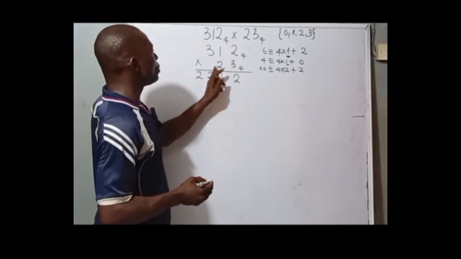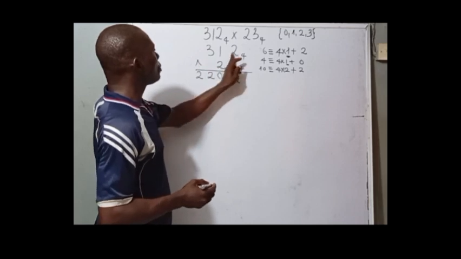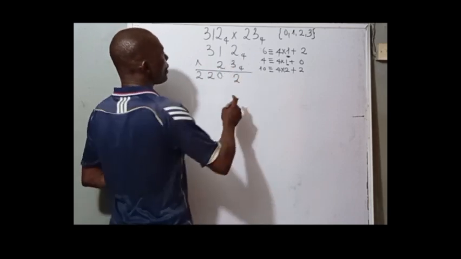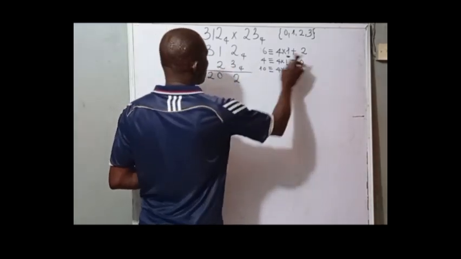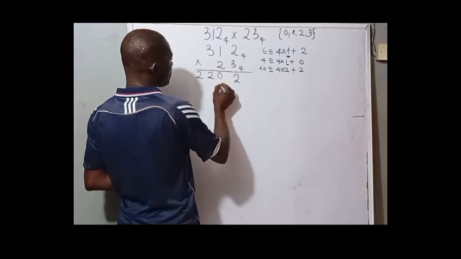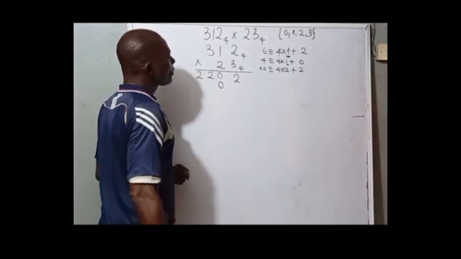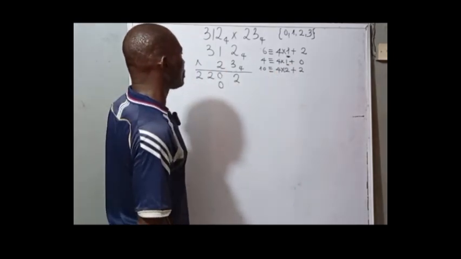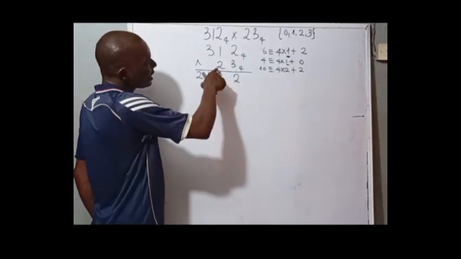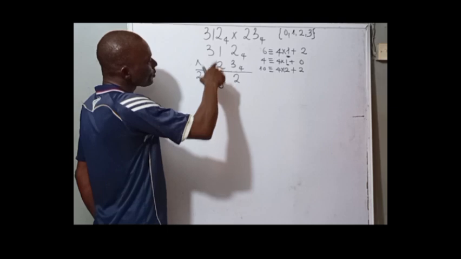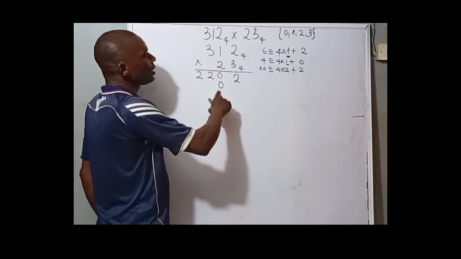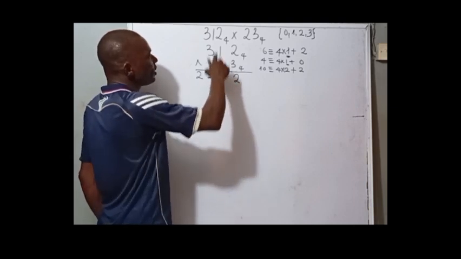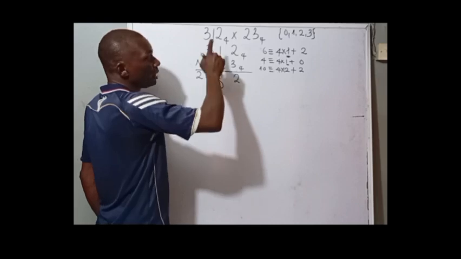So let's go with 2. 2 times 2 is 4. Anytime we get 4, what we write down is 0, remembering that 4 is 10 in base 4. Then the carried one we add to the next result. We write this under the tens digit, because the 2 we're using to multiply is on the tens digit.